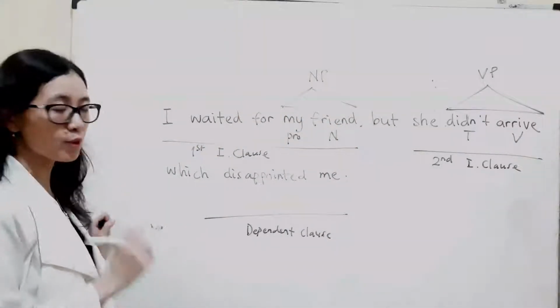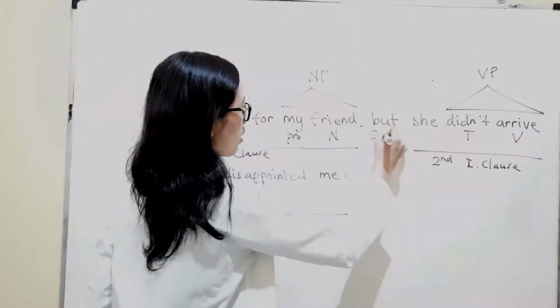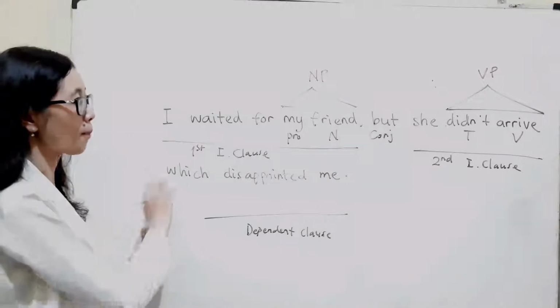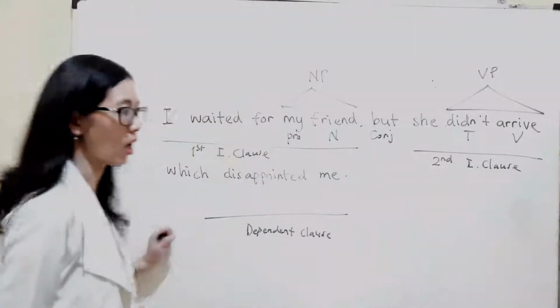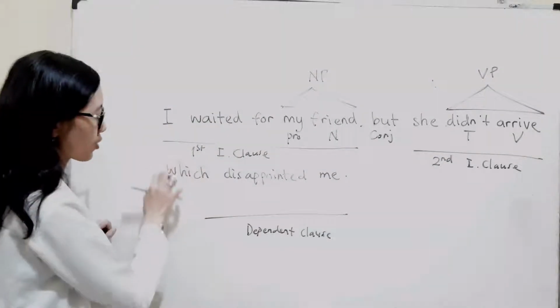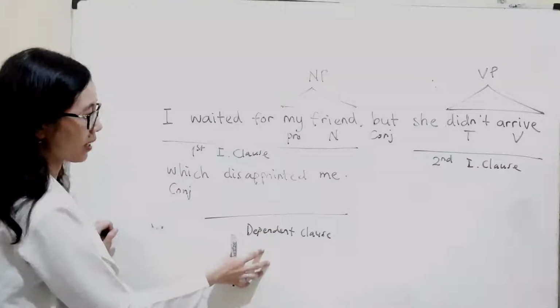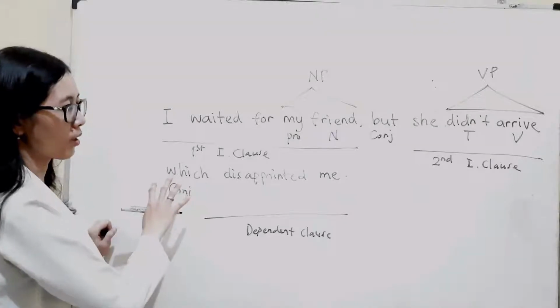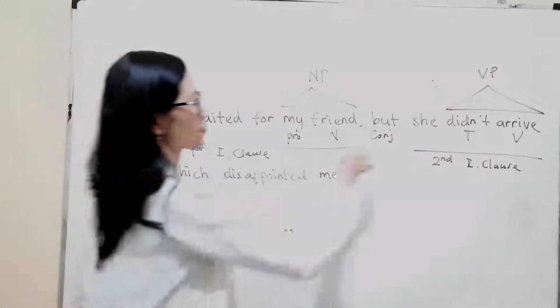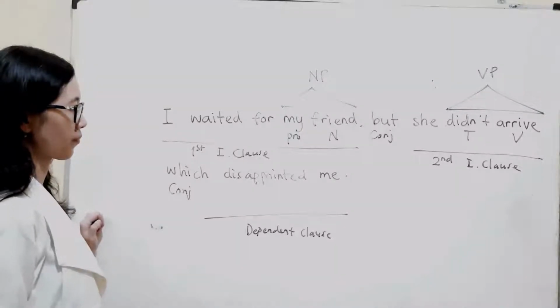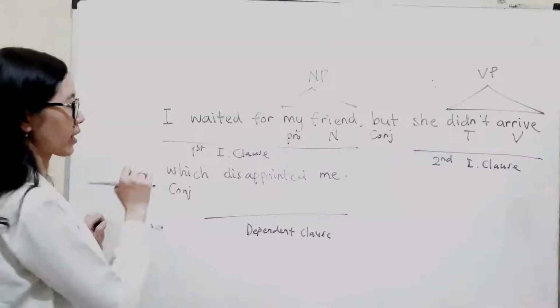And we have two conjunctions. The first conjunction combines two independent clauses, and which, our second conjunction, shows the dependent clause to explain the second independent clause. Okay, let's try to analyze this.